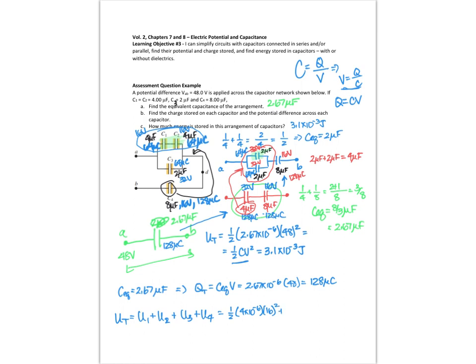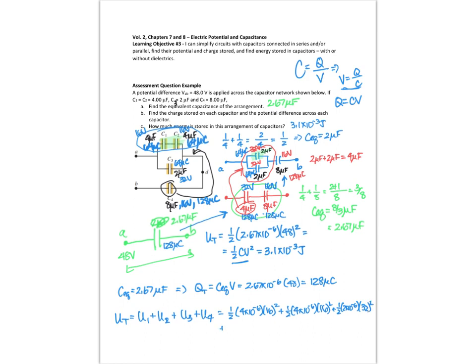The potential energy across capacitor 2 is exactly the same. All the values are the same. The potential energy across capacitor 3 is going to be 1/2, 2 microfarads, and its potential difference was 32.